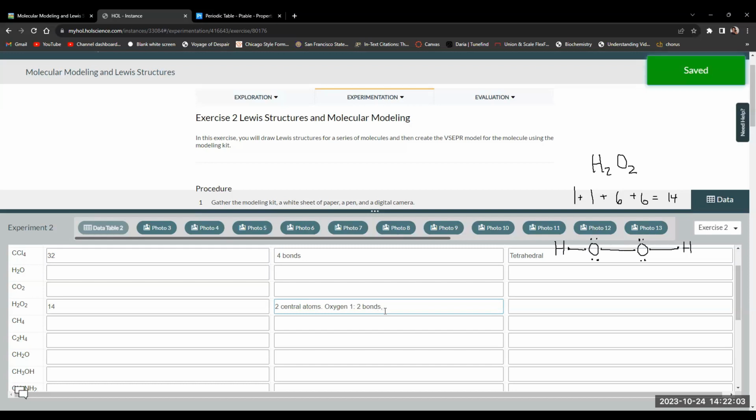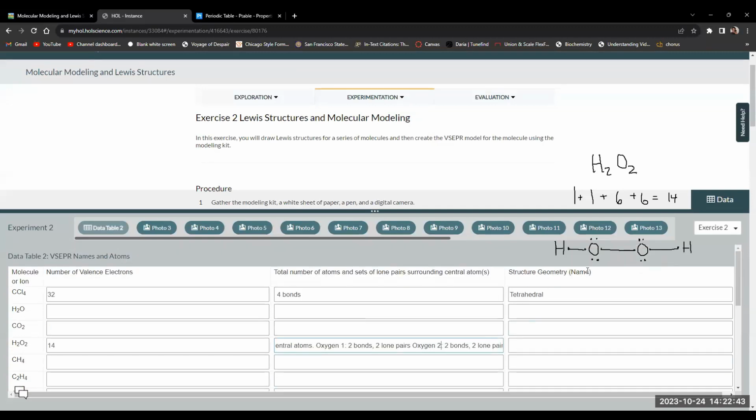And then how many lone pairs? 2 lone pairs. And then we could write the same thing for the second oxygen. Because it's the same. There's nothing to add to that.